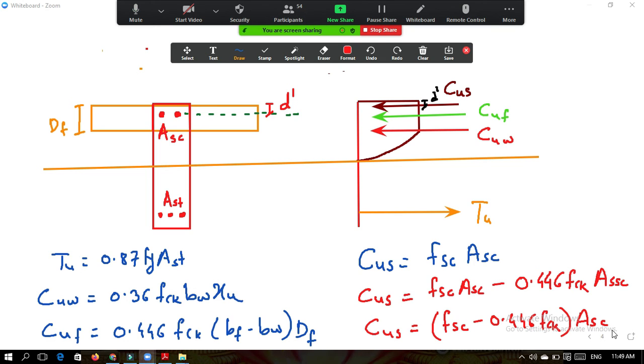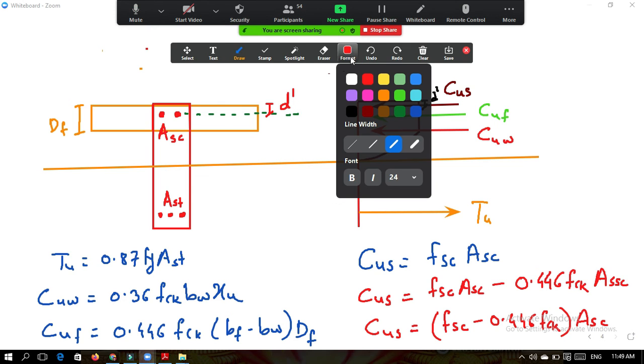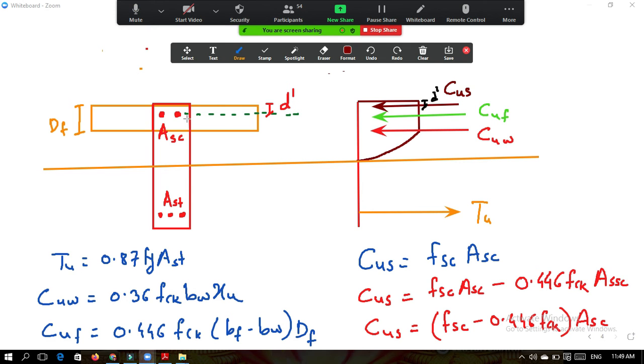Now, why this? If I show you this force, your CUS will be acting like this. This is the position of CUS. It is not matching here and there, but you will understand now. So this is D dash. Now if I show you the position of TU, then it is here. TU is over here.